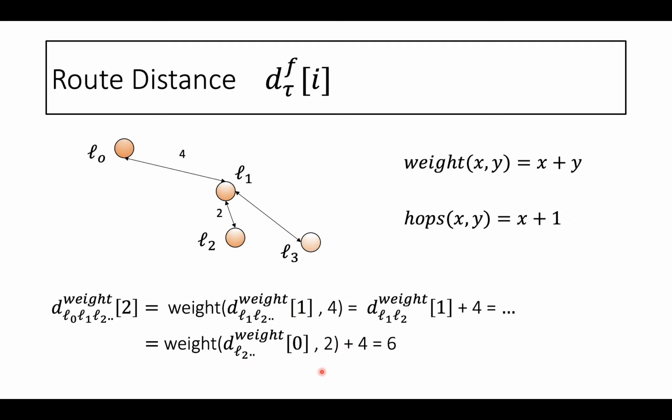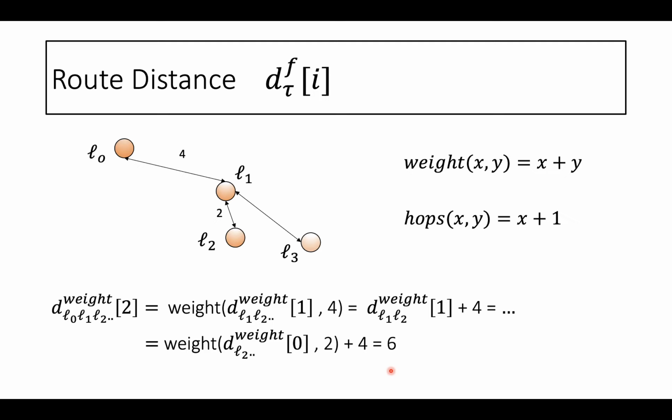So here you are going to consider the value of the edge from L1 to L2, that is 2. And then you are going to decrease the index again from 1 to 0, and you are going to consider the route not from L1 but now from L2. And then again you sum them, and when we arrive at 0, the value of the distance is equal to 0. So you have 6. That is exactly the sum of the weights in the route.